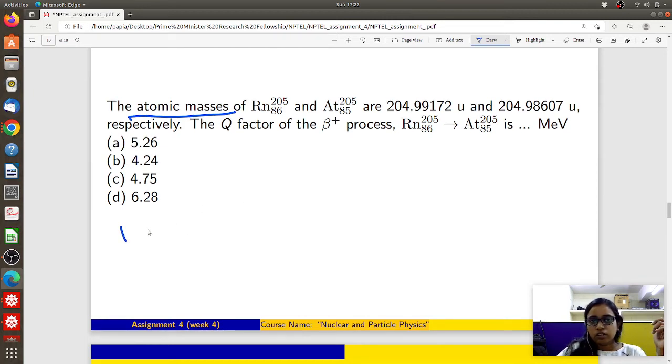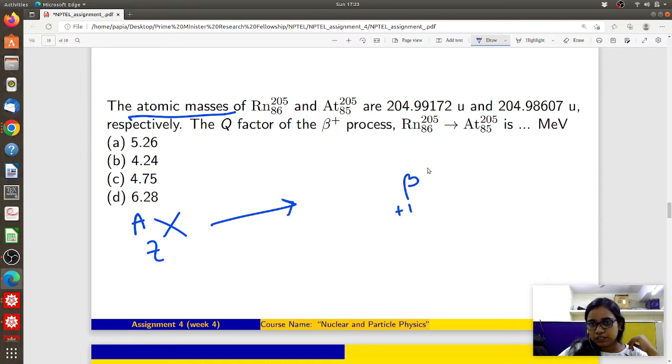What is beta plus here? Beta plus is nothing but, let's say X with Z and A is there. If I write beta plus, it means plus 1 0, and what will be that Y value?